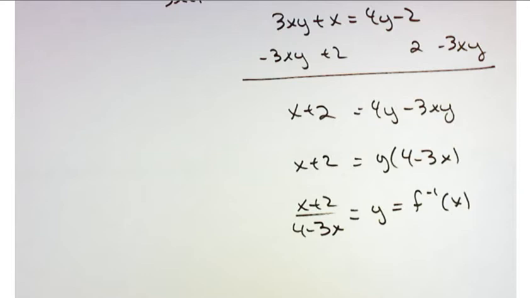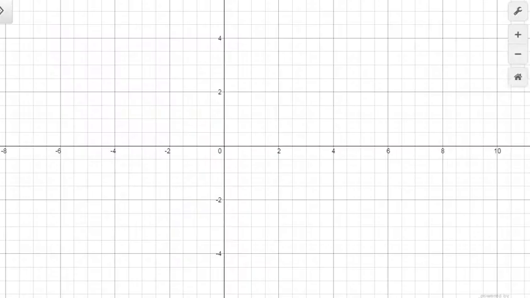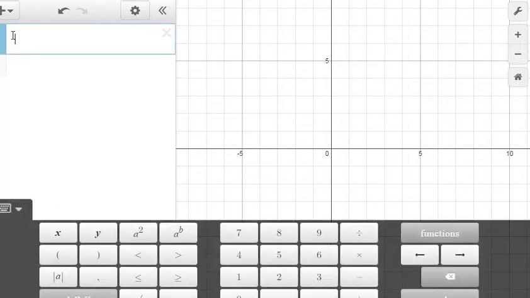Are you okay with the steps that we did to find f inverse there? Okay. Let's take a look at the graph. Do you remember what I said about the graph of a function and its inverse? Perfect. They're mirror images around the line y equals x.